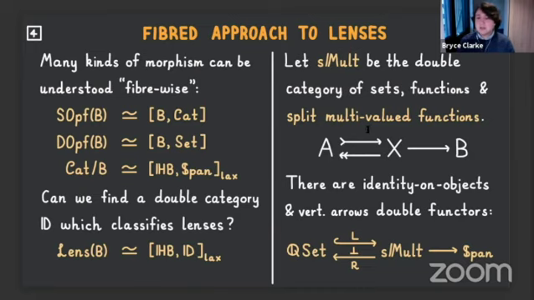This takes every split multi-valued function and composes the section with the right leg to get us a function. Likewise, every function can be seen as a split multi-valued function where this part is the identity. This adjunction will be very important on the next slide, so remember it, it's going to have a co-unit epsilon. Okay, so that's our double category.